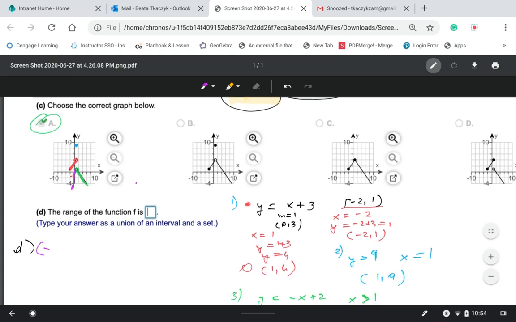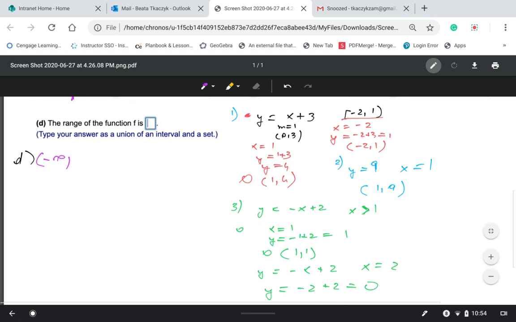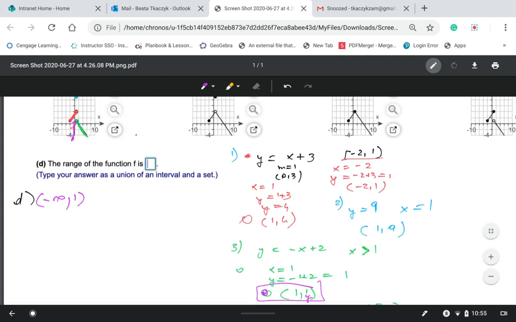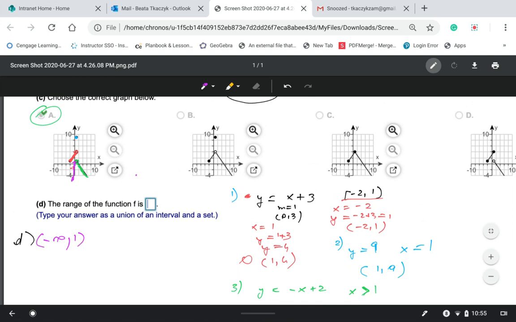We already know the coordinate of the point right here. That's our open circle, so y equal 1. Open, because we're not including that y.